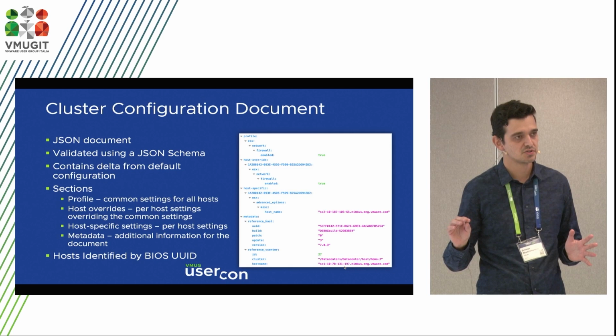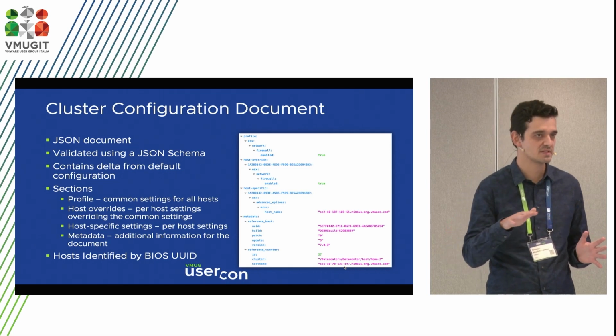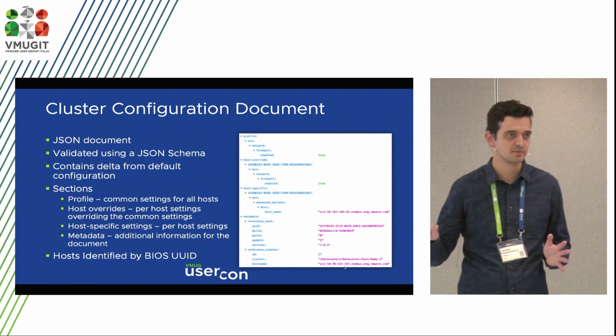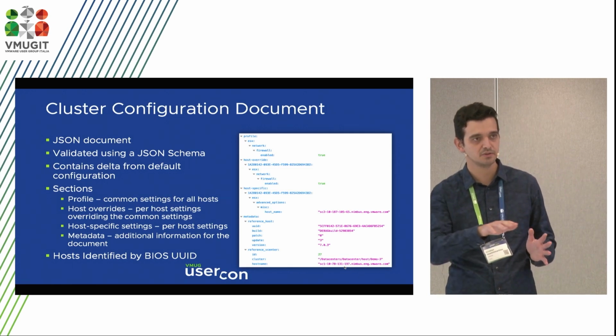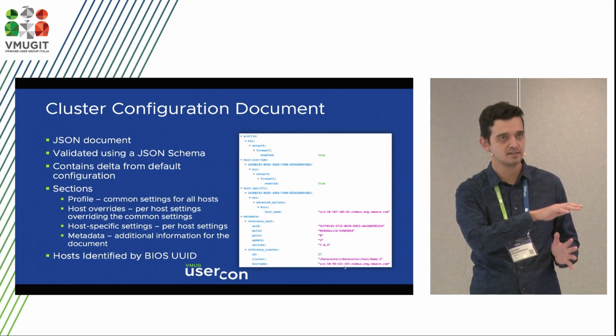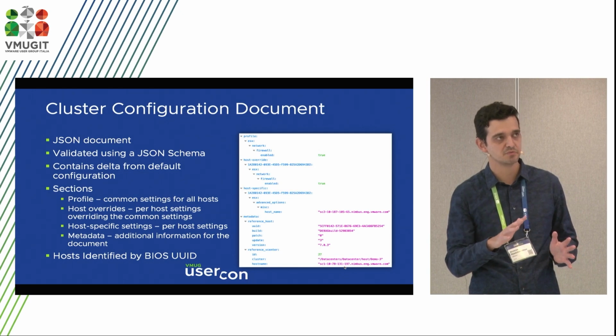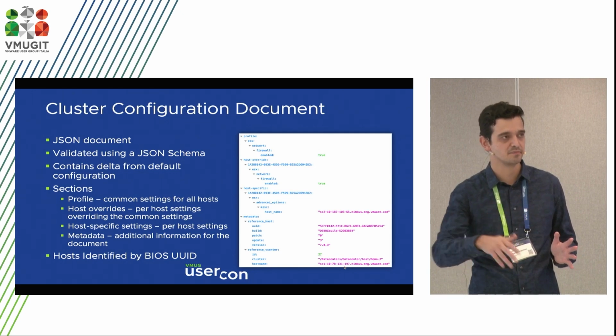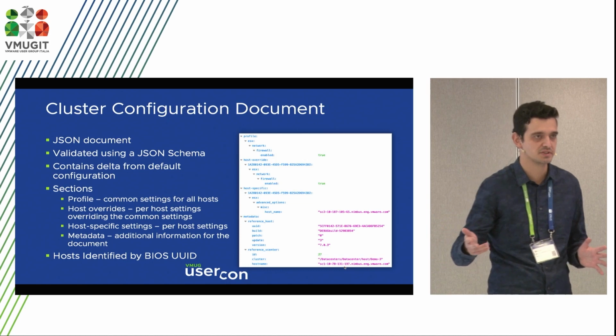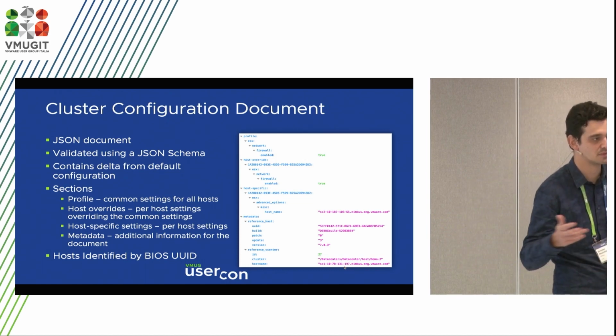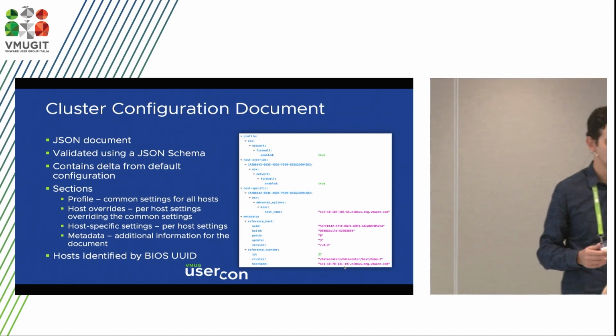So each ESXi image will contain a different schema. For example, 7.0 will have one schema and 8.0 will have another. They're mostly backward compatible so far, but there are some new settings that come with the new version of ESXi that will be available only with the new schema.